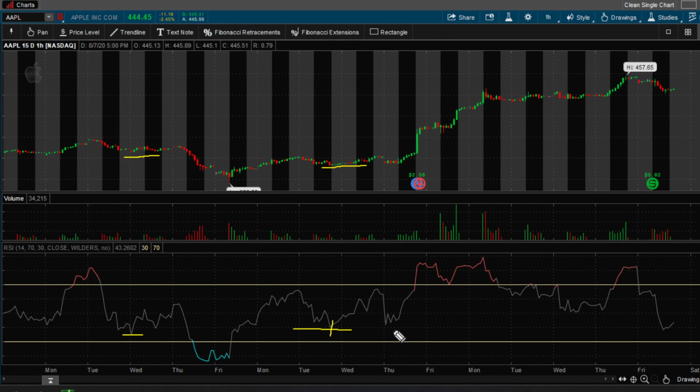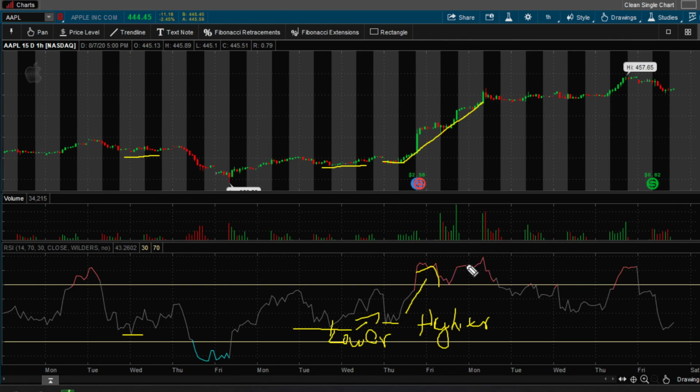This one's lower, then this one's higher. This is lower, this is higher. So now you're making a high on the RSI, and you look at your chart, and it moved up a little on the price, and then this is where you got your move here.